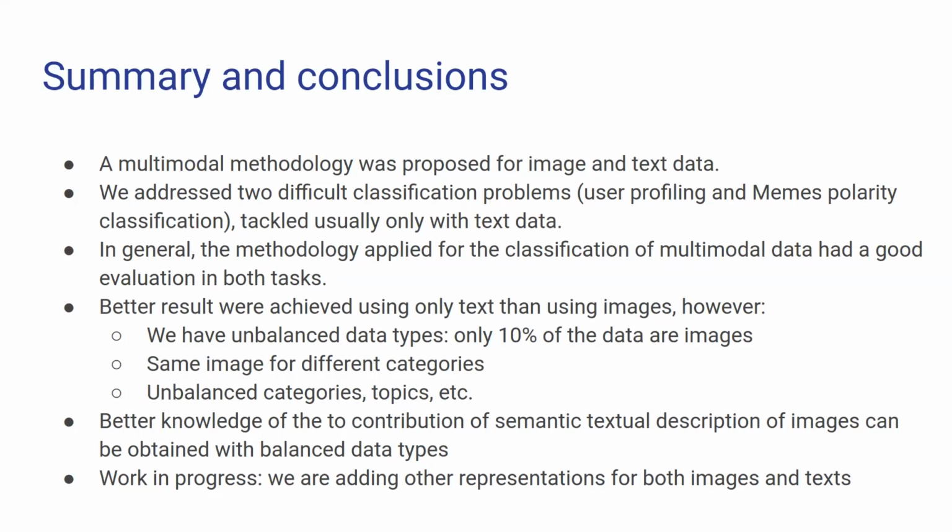And we think that a better knowledge of the contribution of semantic textual description of images can be obtained with balanced data types. And as work in progress, we are adding some other representations for both images and text. In the case of image, we are using the representations that we obtain with convolutional neural networks.